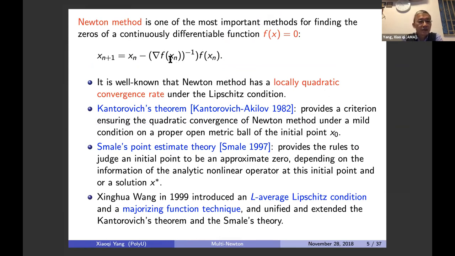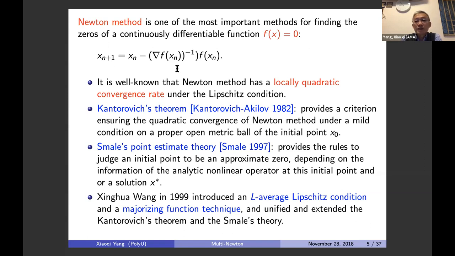That's the typical Newton iteration for solving the problems. The Newton method is well known for its good quadratic convergence rate. That's the good thing about the Newton method. Then briefly there are two classical results. One is the Kantorovich theorem.